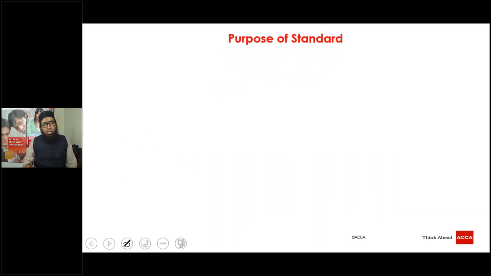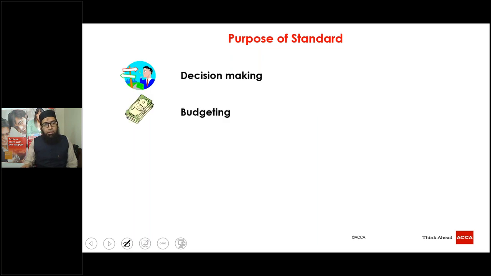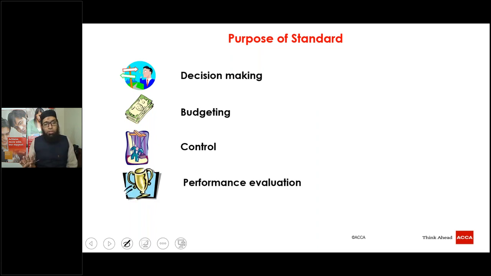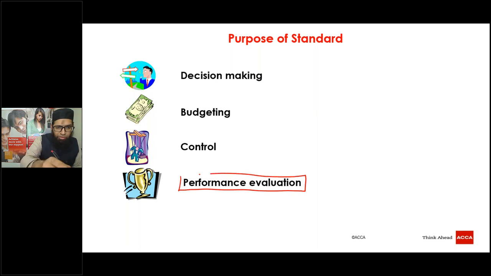Now, what are the purposes of standards? Why do we prepare these standards? The first purpose is that we can use it for decision making. Then we can use it for budgeting, the control aspect, and performance evaluation. This performance evaluation point is very important because in F5, this is the main purpose.